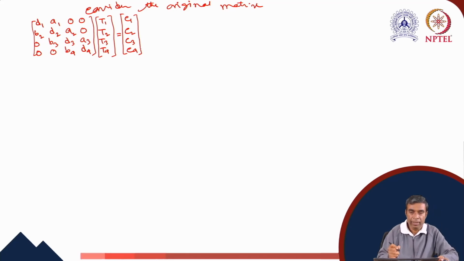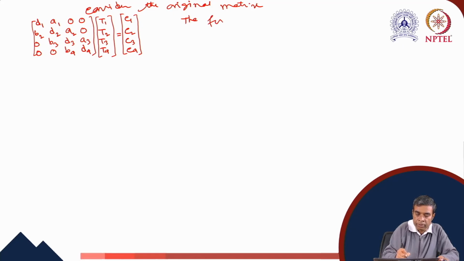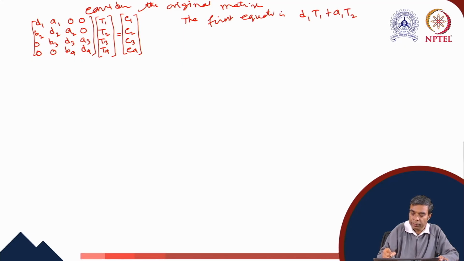Now let us consider the first two equations. The first equation is D1 T1 plus A1 T2 equals to C1.